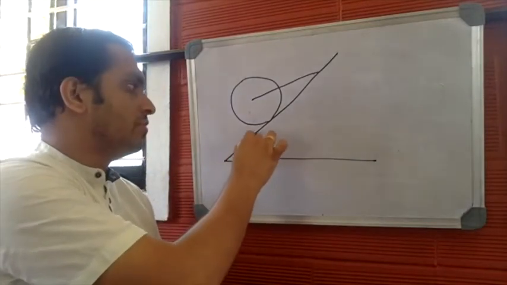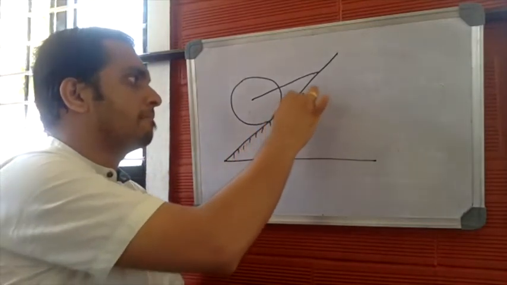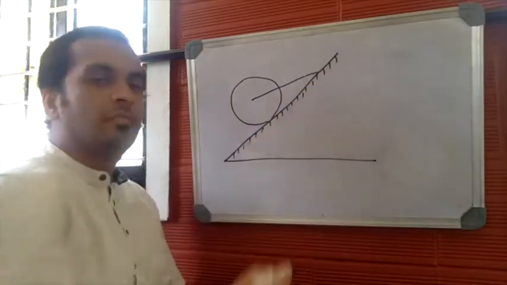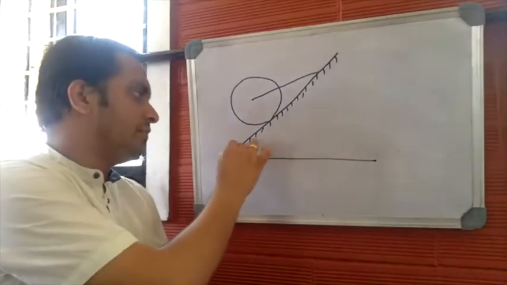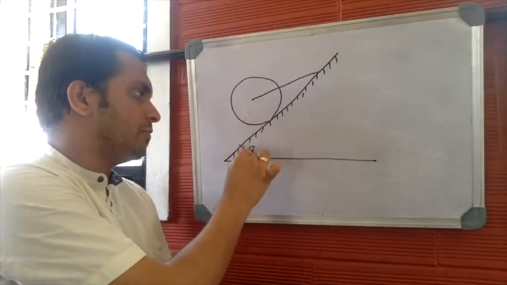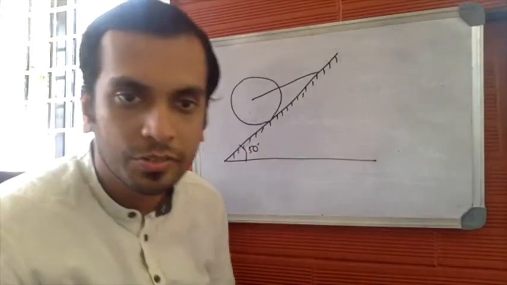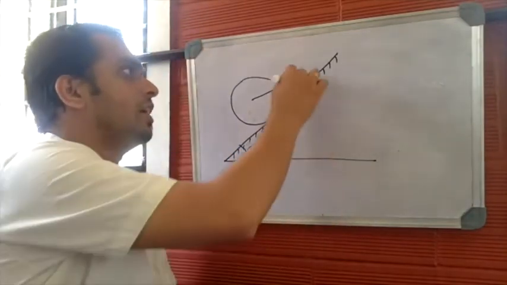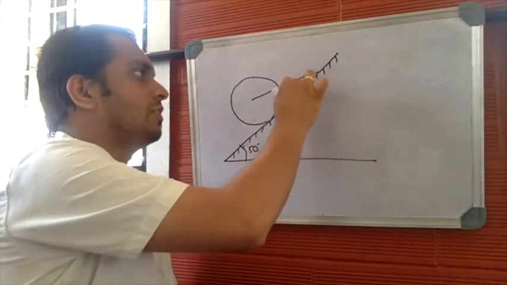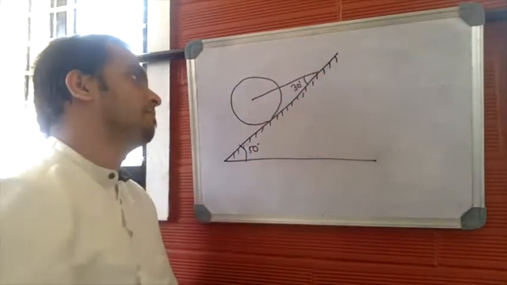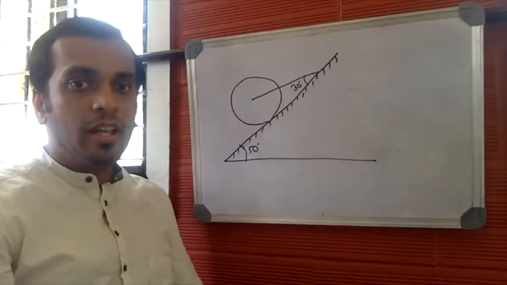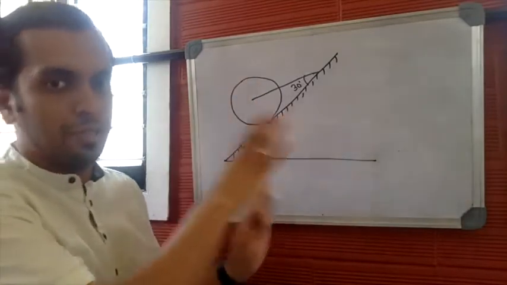This is the surface, and the angle given is 50 degrees, and this angle is given as 30 degrees. This is the given question. This much is given to you.